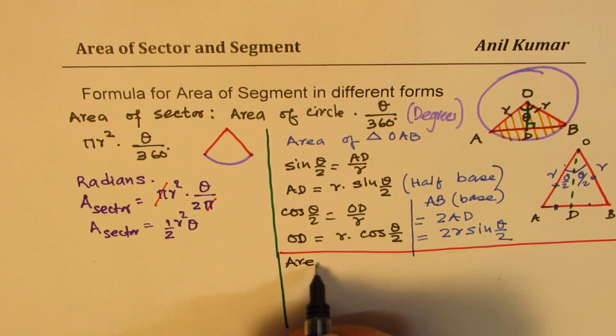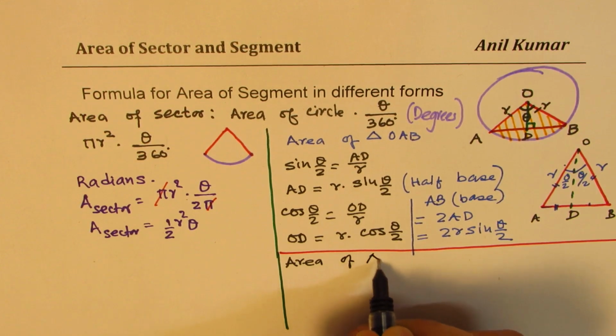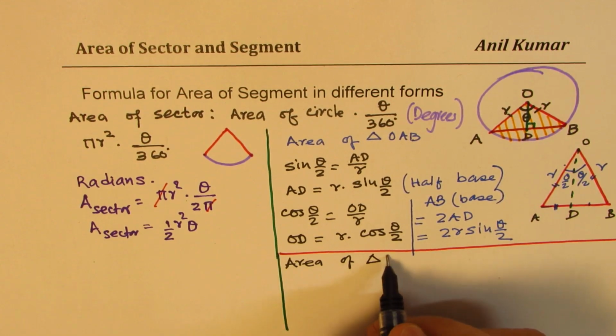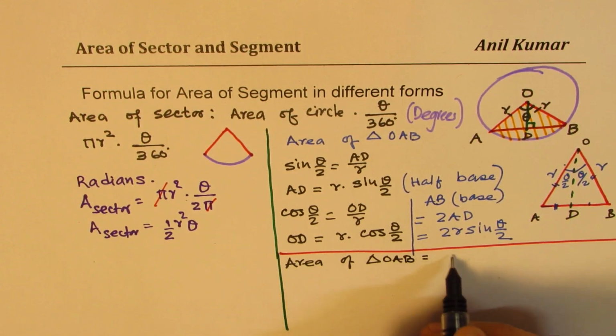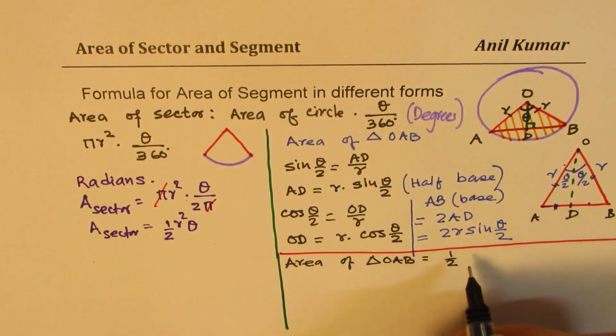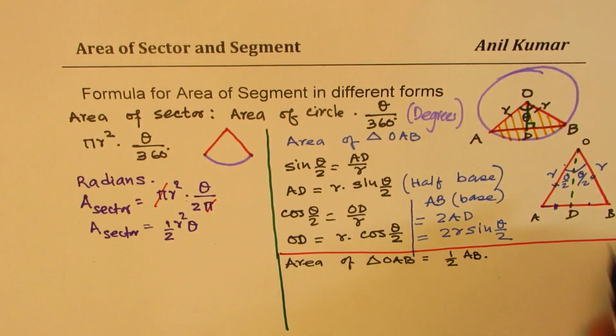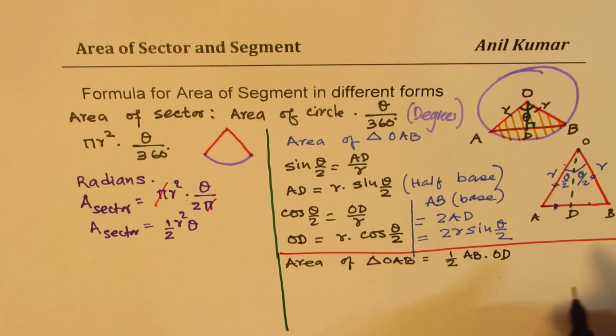So what is the area of triangle OAB? It is half of AB times OD, correct?